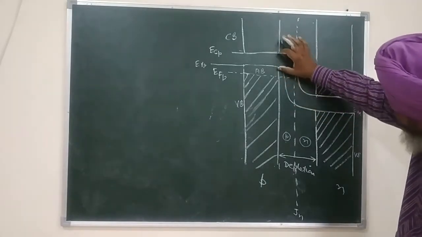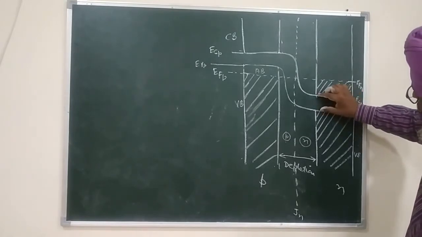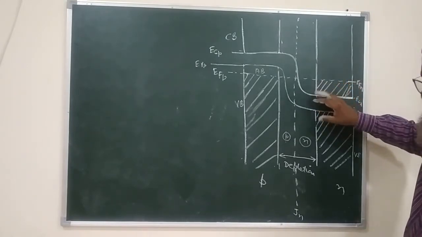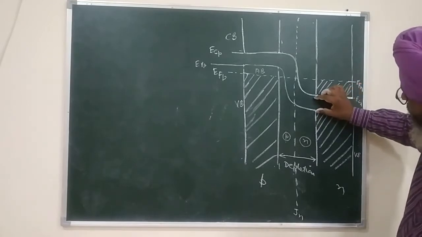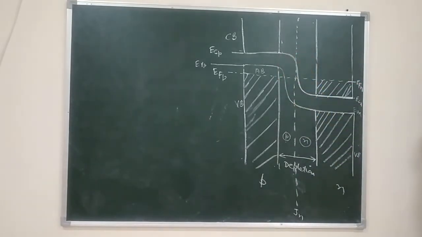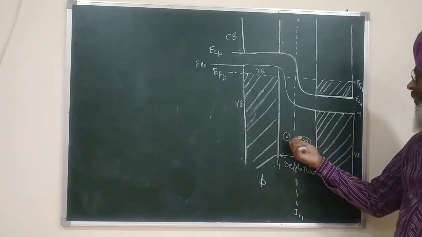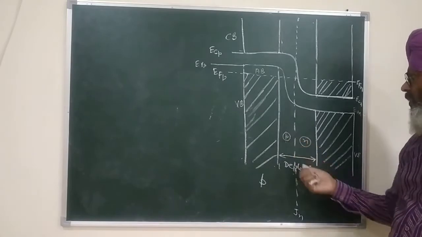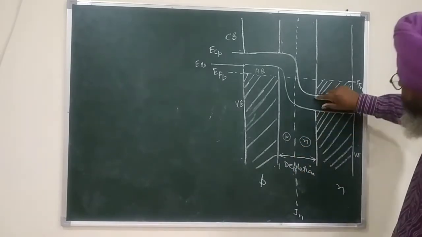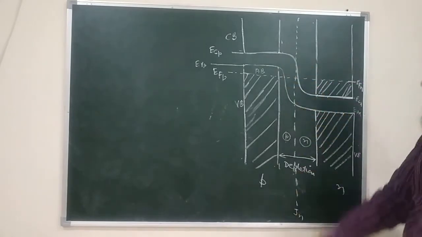This whole region where the graph of EC and EV has changed from a horizontal straight line in two dimensions into a curve is actually the region in which the diffusion has taken place, and it is a small region in the vicinity of this junction. Therefore, this whole region where the energy graphs are not straight lines is the depletion region.